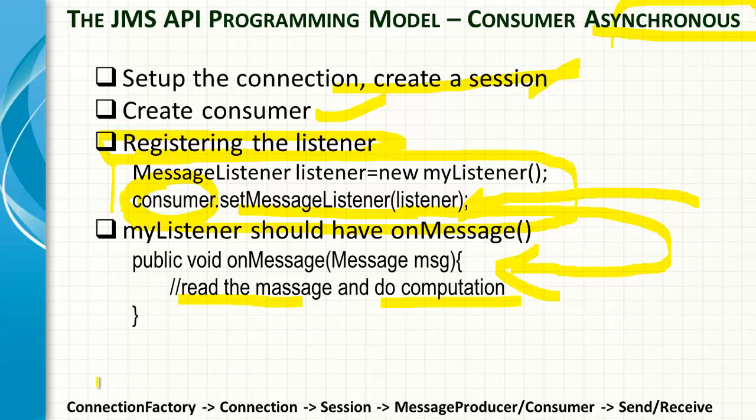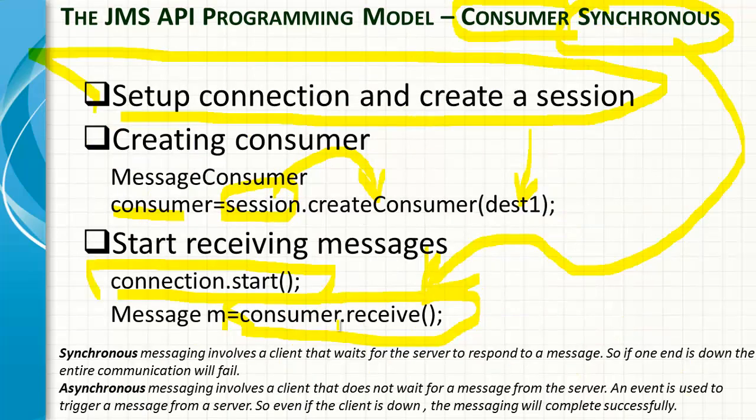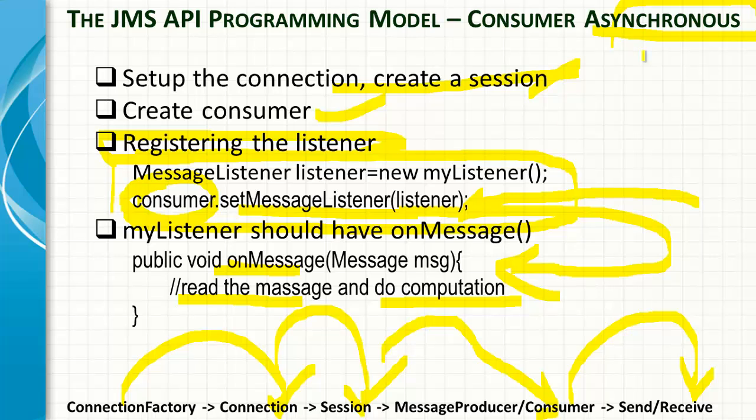So again the same logic: factory, connection, session to consumer, and consumer to receive. So what is onMessage? Nothing but the asynchronous form of receive. Synchronous consumer is consumer.receive. Asynchronous consumer is a listener with an onMessage method. That's how it looks like.